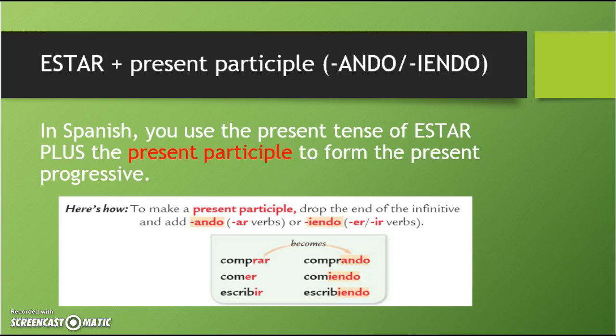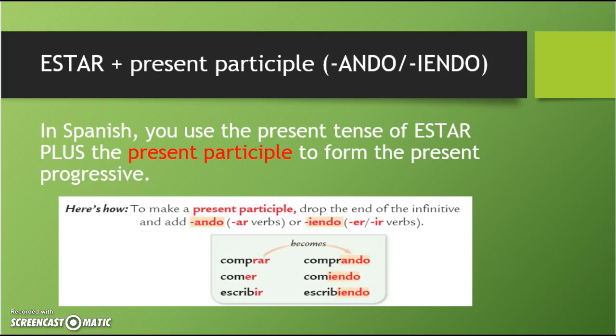The next part to form the present progressive is going to be adding that present participle. Again, I mentioned in our example previously, ellos están cantando, so that ando form is what I did with my verb cantar. Notice I have ando and yendo at the top here. So, in Spanish, you're going to use the present tense of estar plus a present participle. And to form those in Spanish, we're going to start with our infinitives.